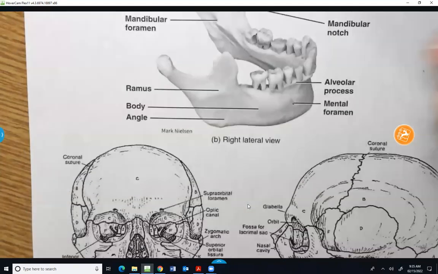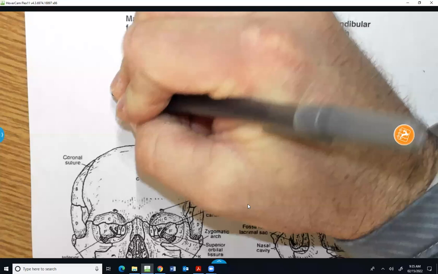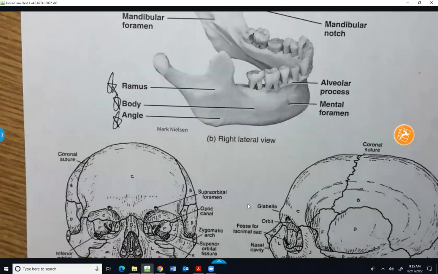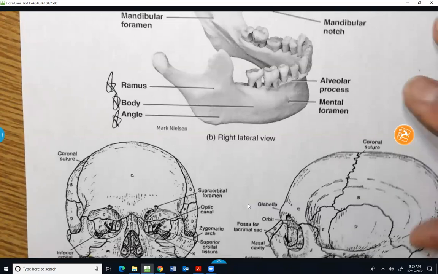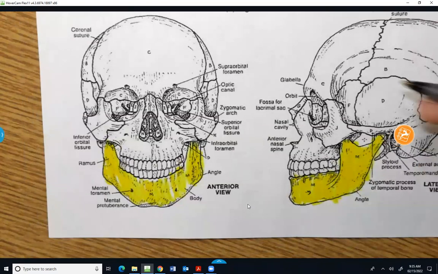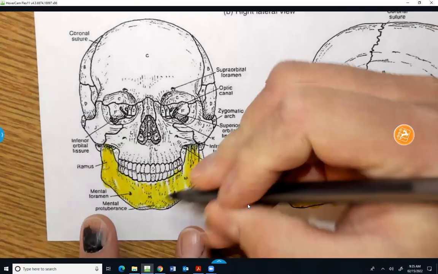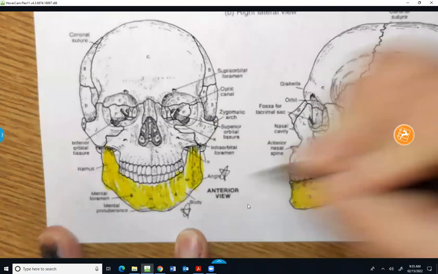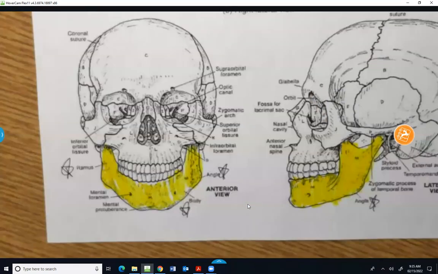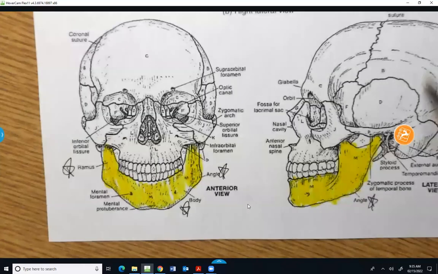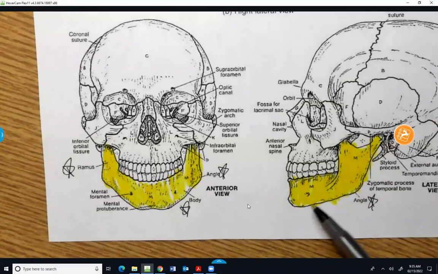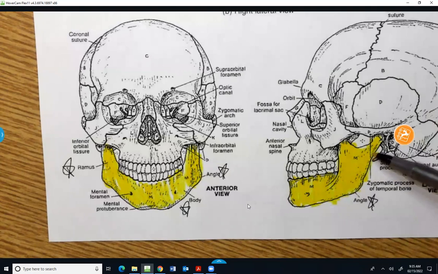You can see them labeled here in our cadaver one, the right lateral view as it's labeled. We can see them labeled periodically down here at the bottom. The body is the horizontal portion that supports our teeth. That creates our jawline and then comes to a point and creates our chin. The ramus is oblique, which means that it's running at an angle.